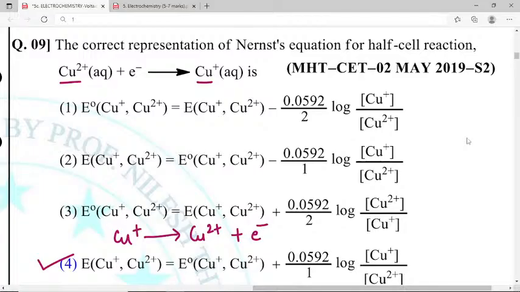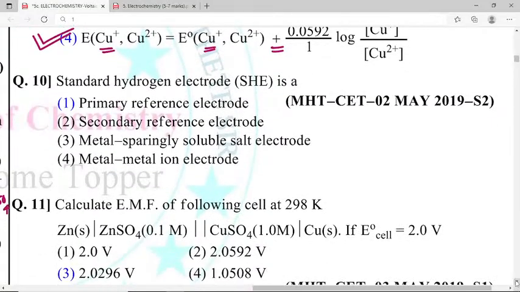Then 0.0592 divided by the number of electrons, with the minus sign here; minus becomes plus. Got it? The standard hydrogen electrode, SHE, is the primary reference electrode because E naught of hydrogen is equal to 0.00 volt at 298 Kelvin.